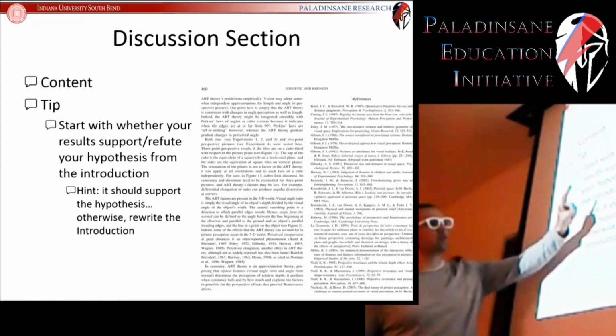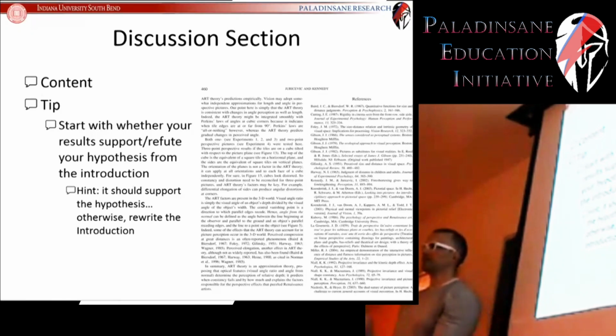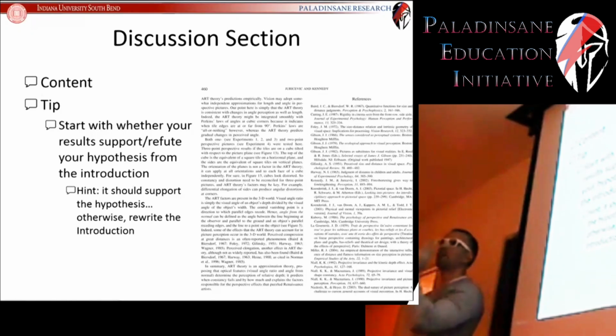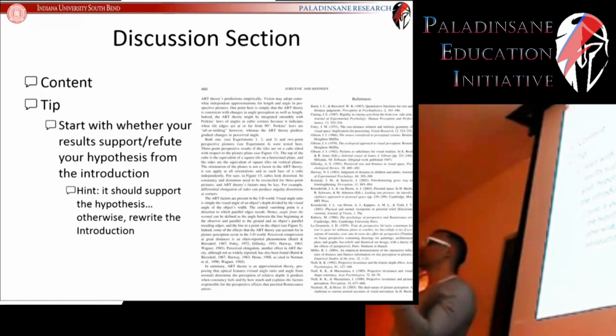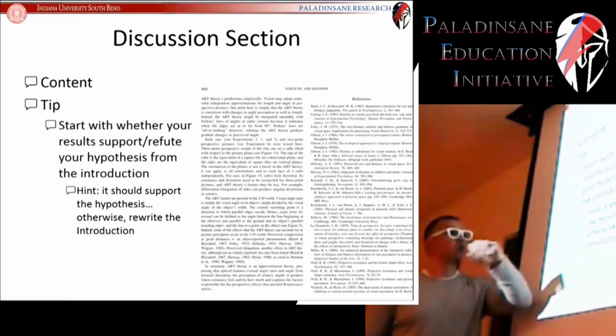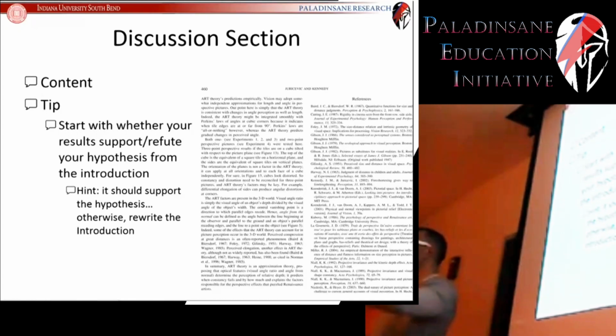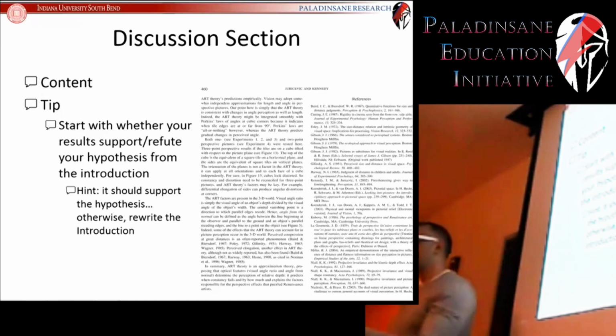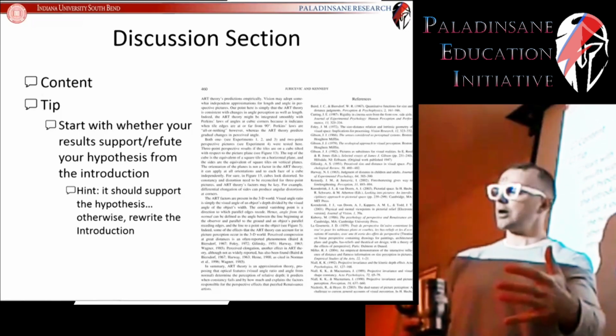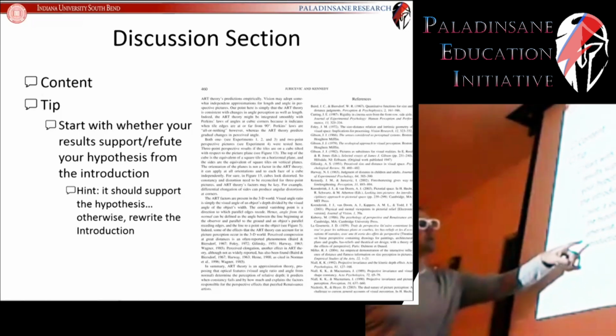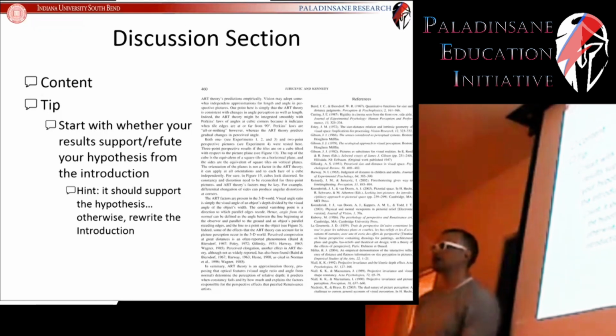And the hint here is that you need at least one hypothesis. You can have more than one. Two is usually preferable. One of them should be supported. That is, you should have one hypothesis in the introduction that after the entire experiment you find out, oh yeah, that hypothesis is true. And if that's not the case, rewrite your introduction.